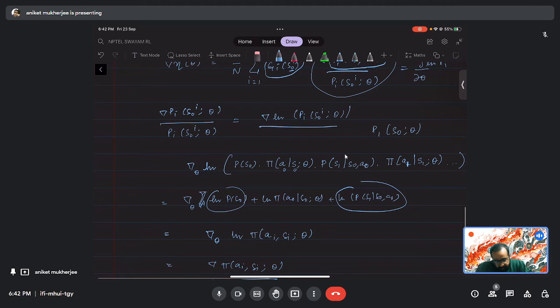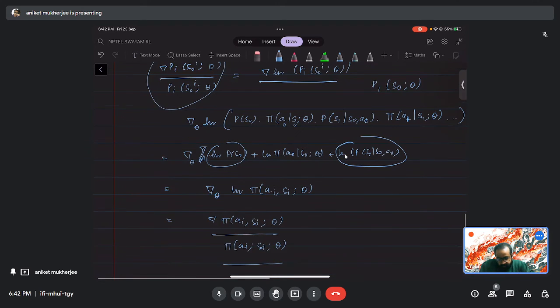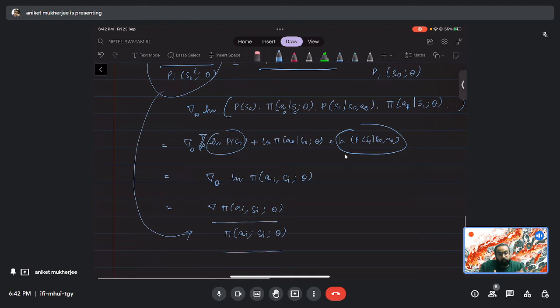So basically what you have proved is that this is equal to this. You don't need to worry about the underlying transitions. We are essentially removing the transition probabilities of the MDP. There are transition probabilities in the MDP, but we are not using them; the way you're updating, you don't require them.